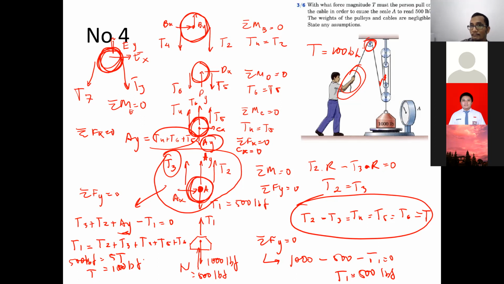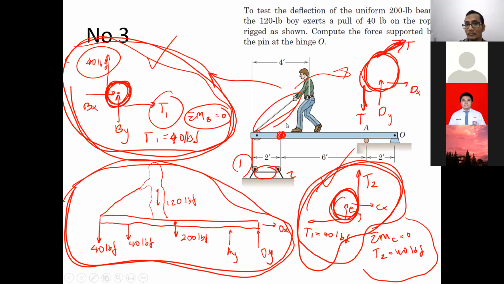Thank you. Do you mind solving the number 3 question as well? Just now we solved it, right? No, I mean until we have the final answer. That one I don't have time to solve.